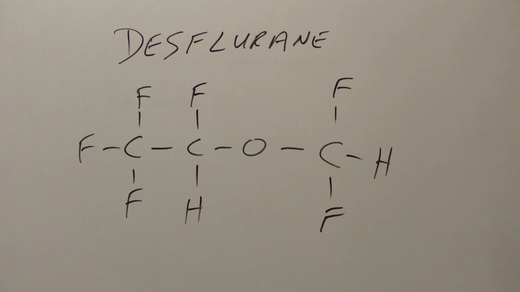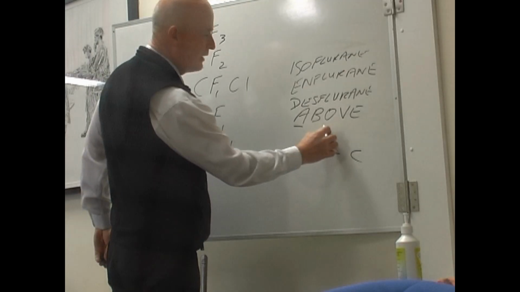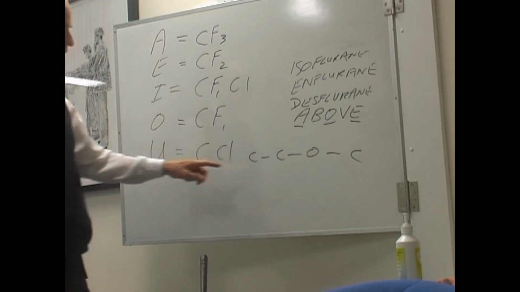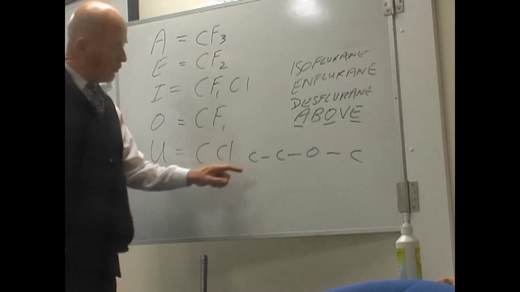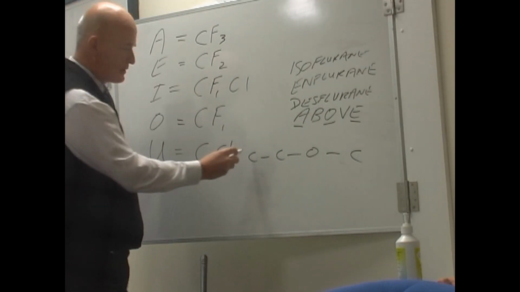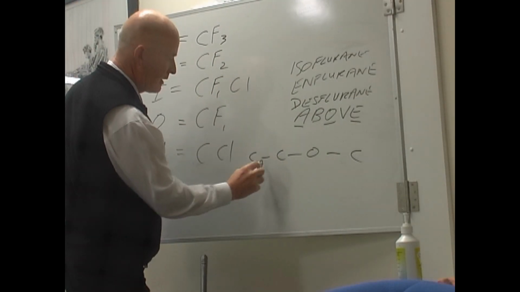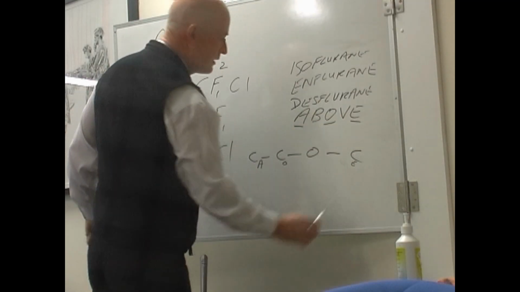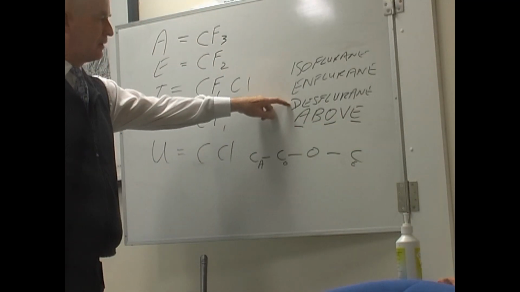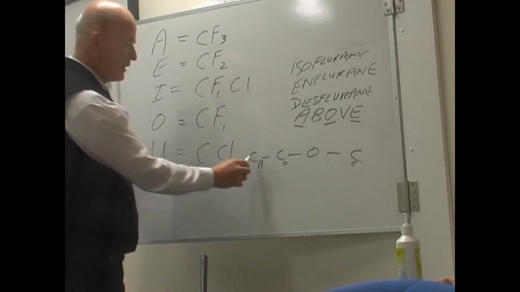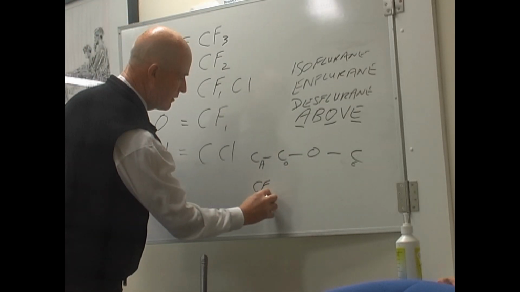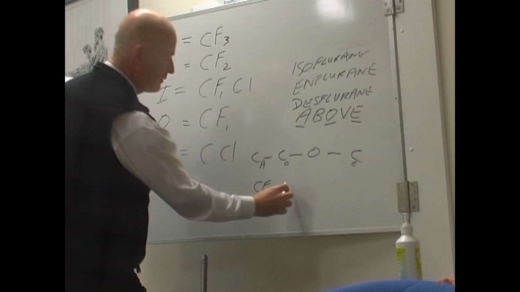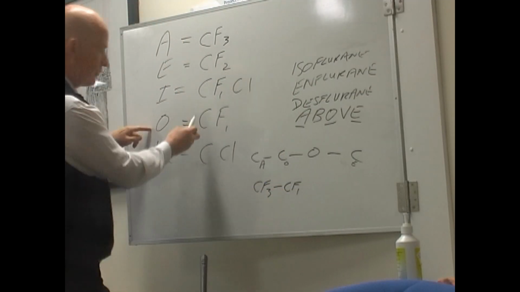The consonants don't mean anything, but what I've got is A, O and E from my code describing from left to right what each of those carbons are. So this is the A carbon, this is the O carbon, this is the E carbon. So the structure for desflurane using the code will be CF3, CF1, and then the difference will be just a hydrogen.